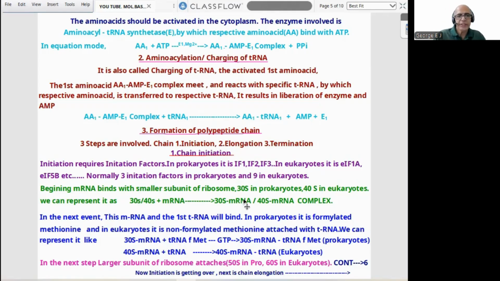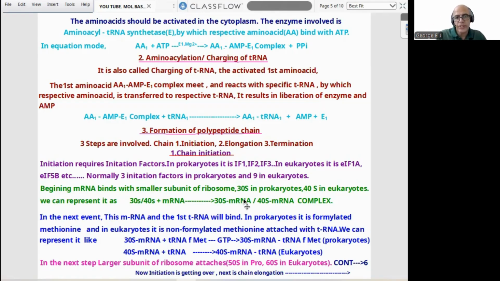Now, the next event: this mRNA and the first transfer RNA will bind. In prokaryotes, it is formylated methionine, and in eukaryotes, it is non-formylated methionine that attaches with the tRNA. First amino acid. So once again, in prokaryotes it is formylated methionine.